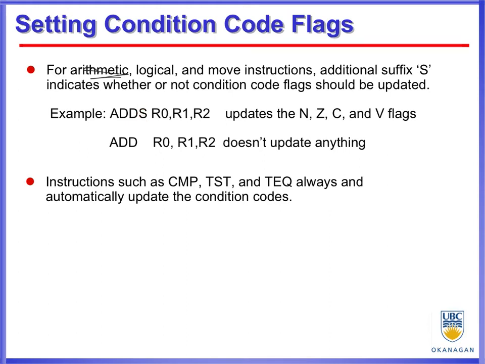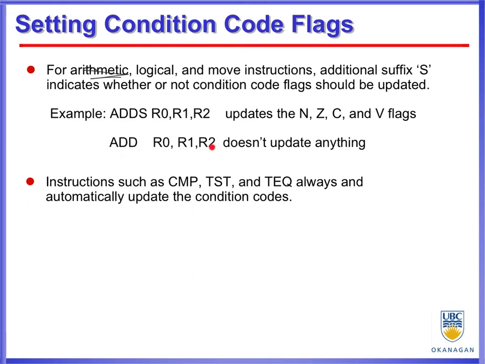So for instance, in add, if you add R1 to R2 and put the result in R0, that doesn't do anything to the condition code flags. But if you add an S to the end of that, then it will. Okay? So in this case, let's say we add R1 to R2 and the result was 0, that gets put into R0.